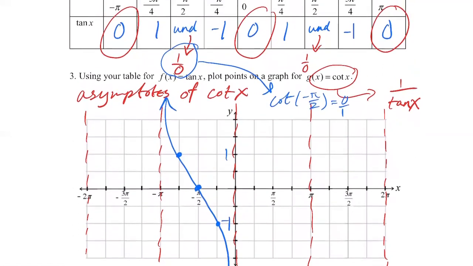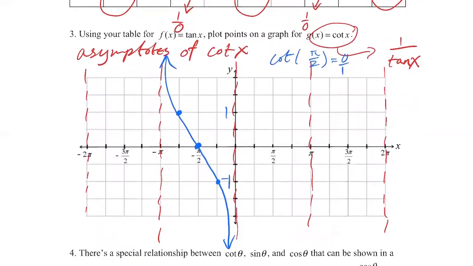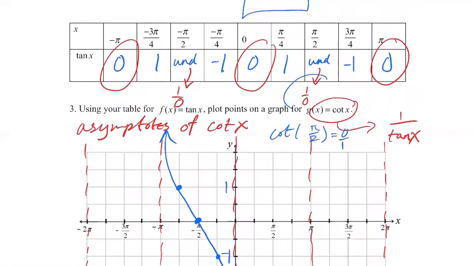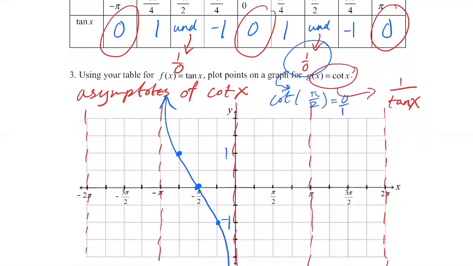Okay, now, just as the cotangent of negative pi over 2 was 0 over 1, the cotangent of positive pi over 2 will also give us 0 over 1, which will give us 0. So there we go, cotangent of pi over 2. And we get the similar behavior.